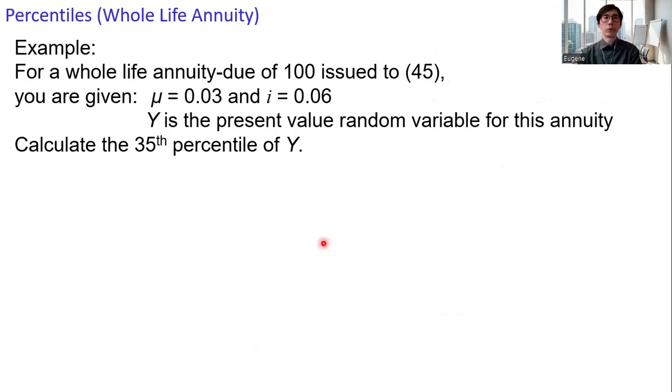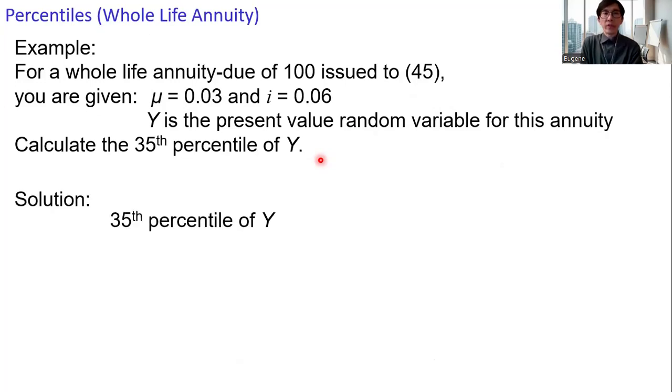Another example: a whole life annuity due of 100 issued to an individual at age 45, with mu 0.03 and i equal to 0.06. Calculate the 35th percentile of Y. All right, the 35th percentile of Y is equivalent to getting the 35th percentile of K45.